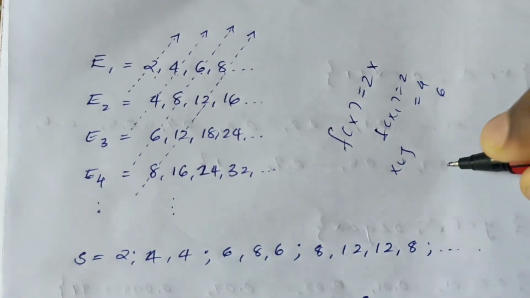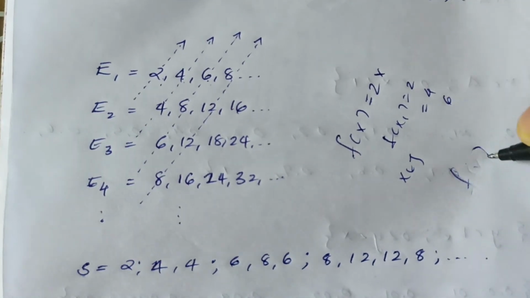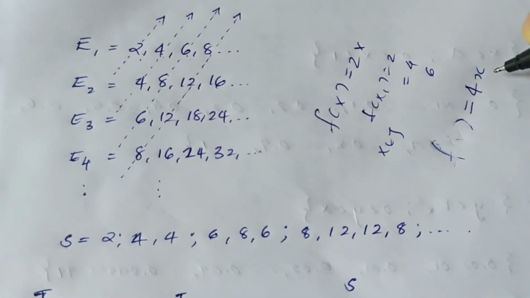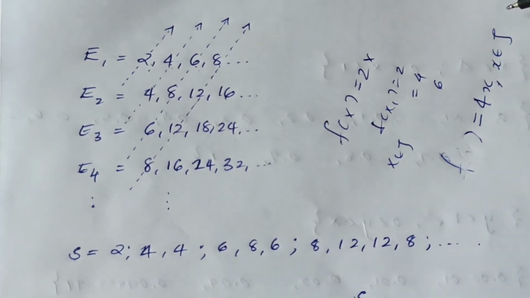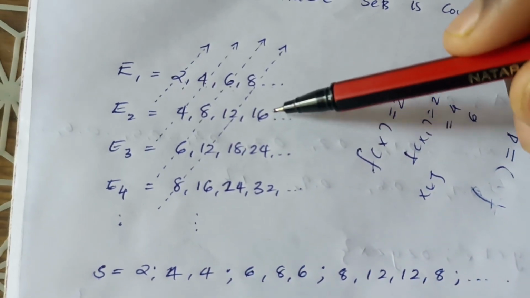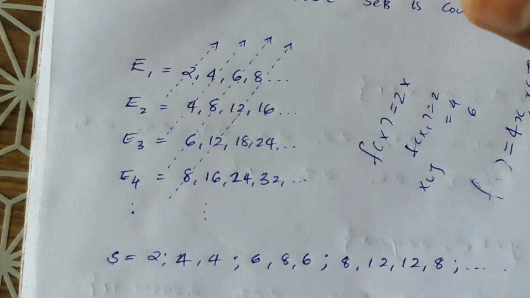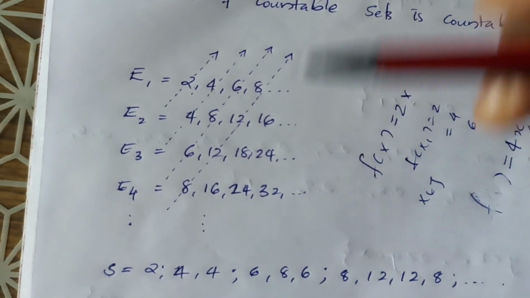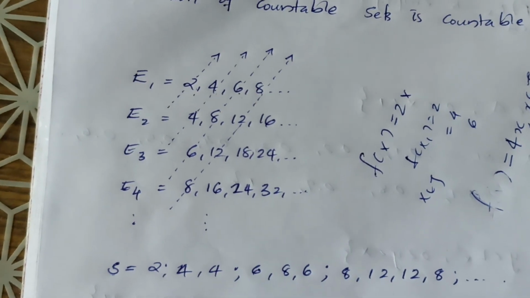When we define f of x equal to 4x, where x belongs to J, the set of all positive integers, then our E2 is also countable. Similarly, E3, E4 are also countable. We have to prove that the union of these countable sets is countable, right?